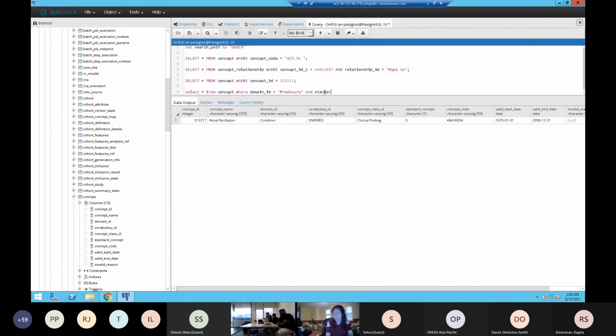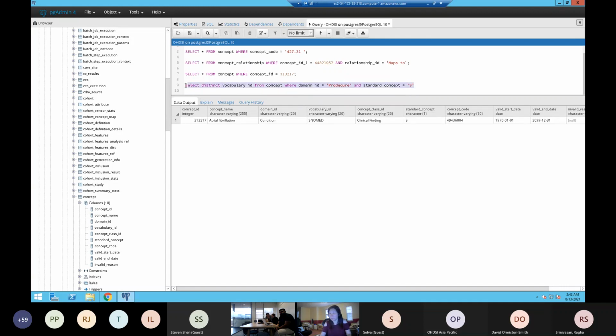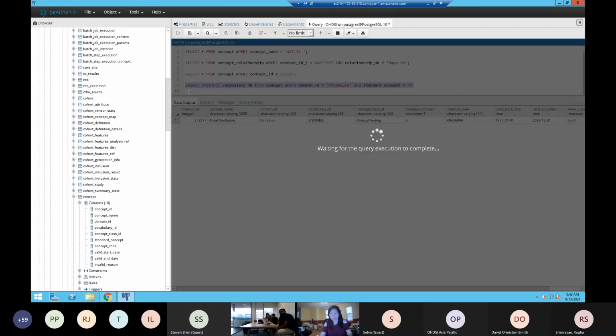Standard concept equals S. I want select distinct vocabulary. Let's see if I can remember how to write SQL. I don't do this on a daily basis anymore.